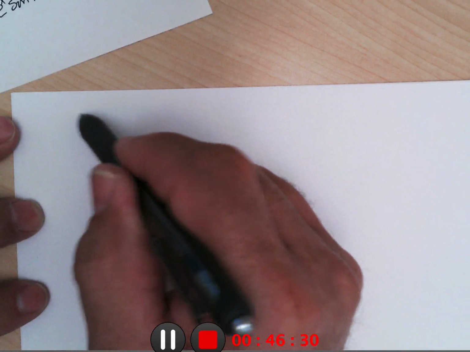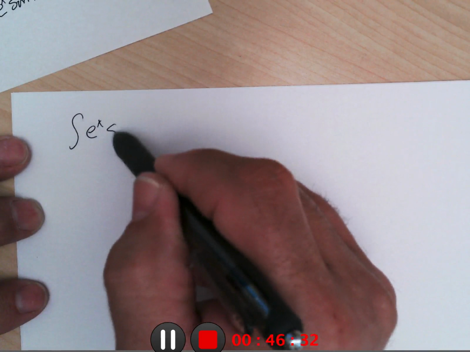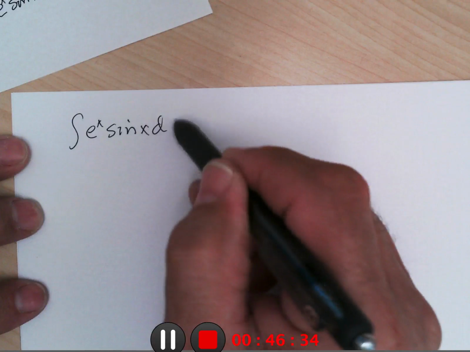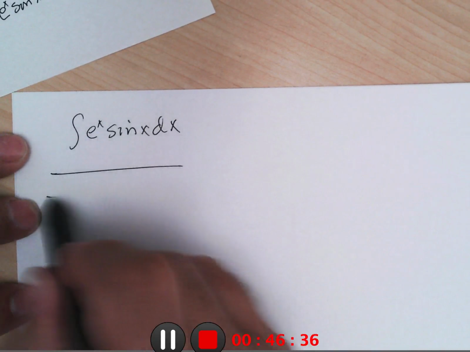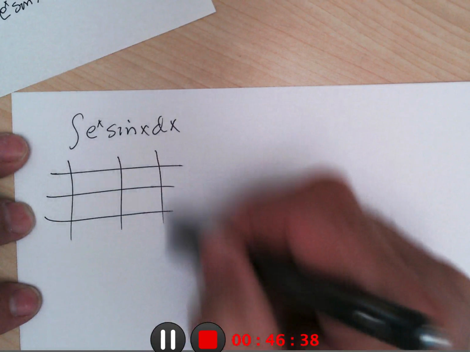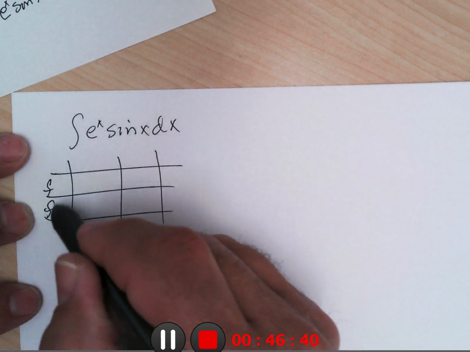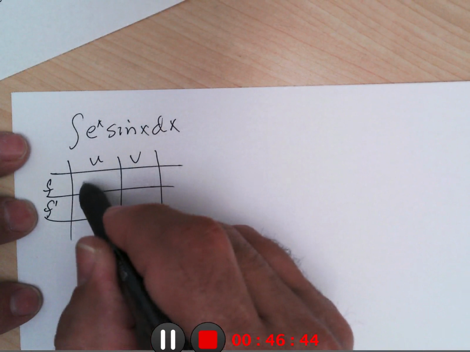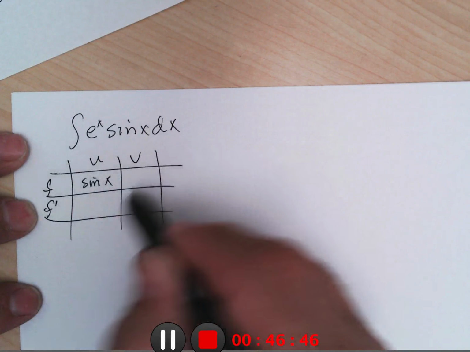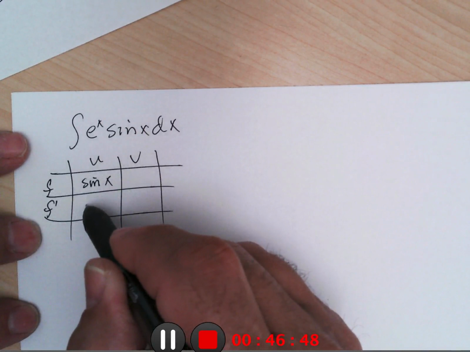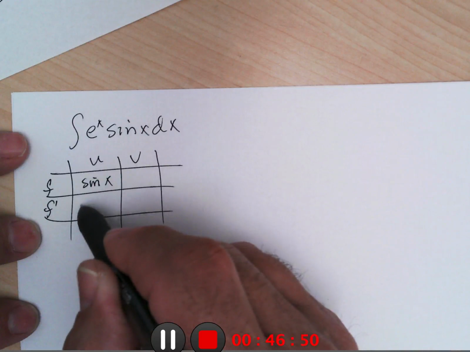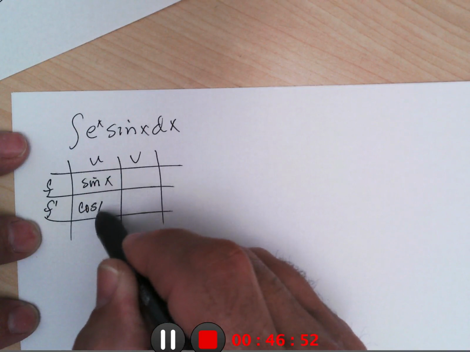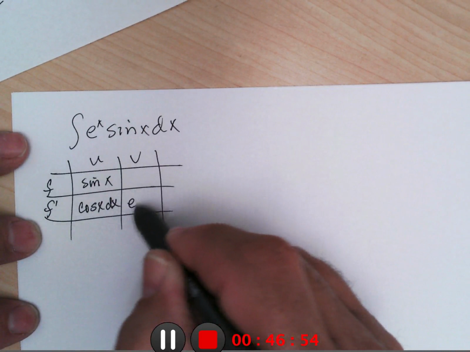What if I did the integral of e to the x sine x dx and did f and f prime, u v? If I put, let's say I put the sine in here and took the derivative, it'd be cosine x dx, and put e to the x dx here.